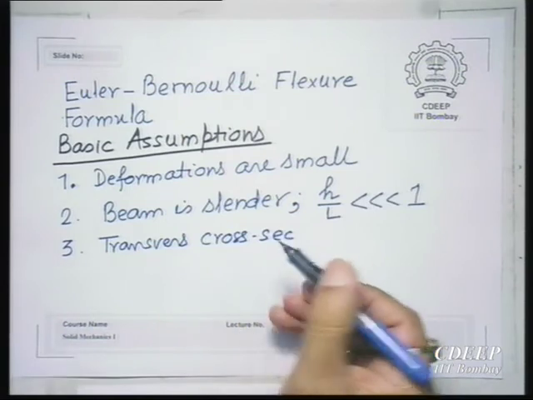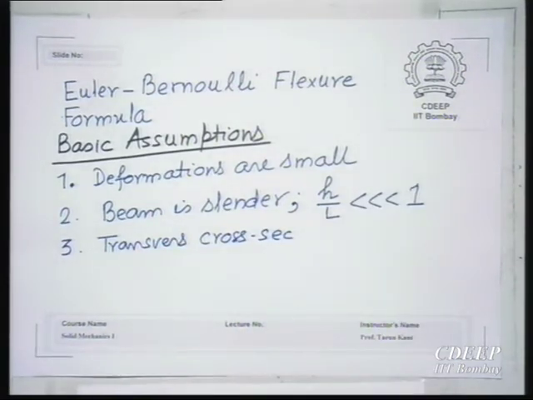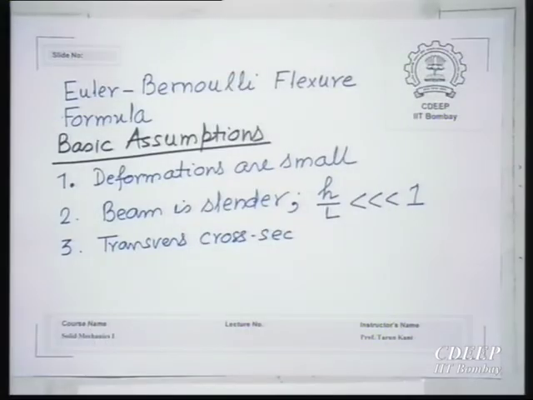What do you mean by transverse cross section? When I ask in the viva, don't try to say that this is a story. This is a fact. When we ask some of these questions to people, where is the transverse cross section? They start showing this is the beam, so this is the transverse. This is the longitudinal horizontal cross section.